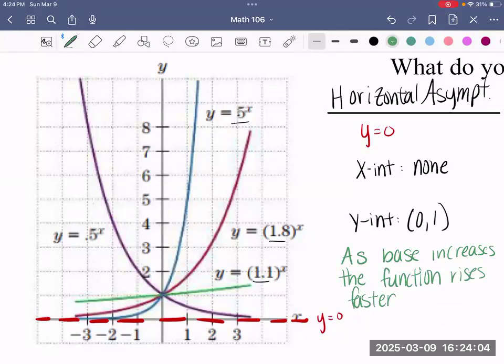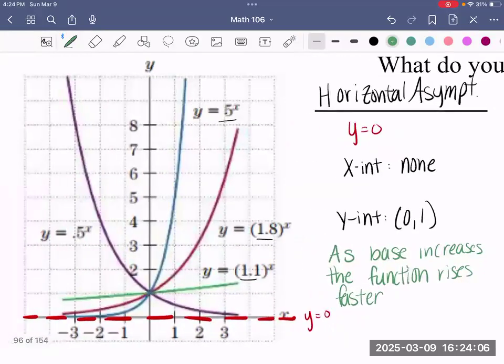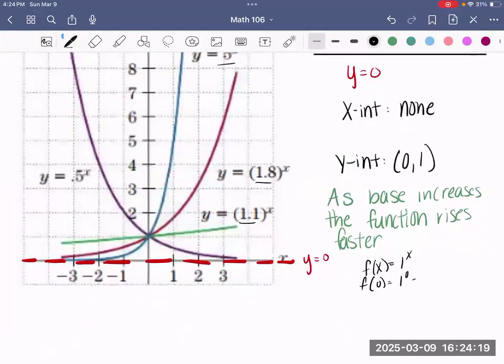And notice something about your base. If we said, okay, let's take f of x is equal to 1 to the x, and let's say, okay, now evaluate when x is 0. 1 to the 0, well, that's equal to 1. Let's do it again. 1 to the 1, that's 1.